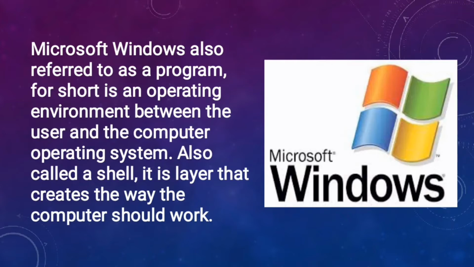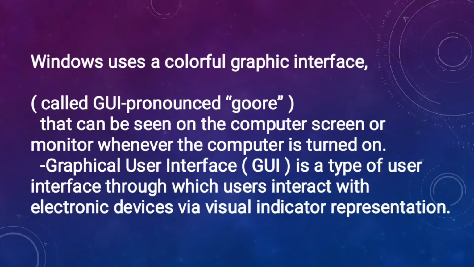Microsoft Windows, also referred to as a program for short, is an operating environment between the user and the computer operating system, also called a shell. It is a layer that creates the way the computer should work. Windows uses a colorful graphic interface. Graphical User Interface, or GUI, is a type of user interface through which users interact with electronic devices via visual indicator representation.